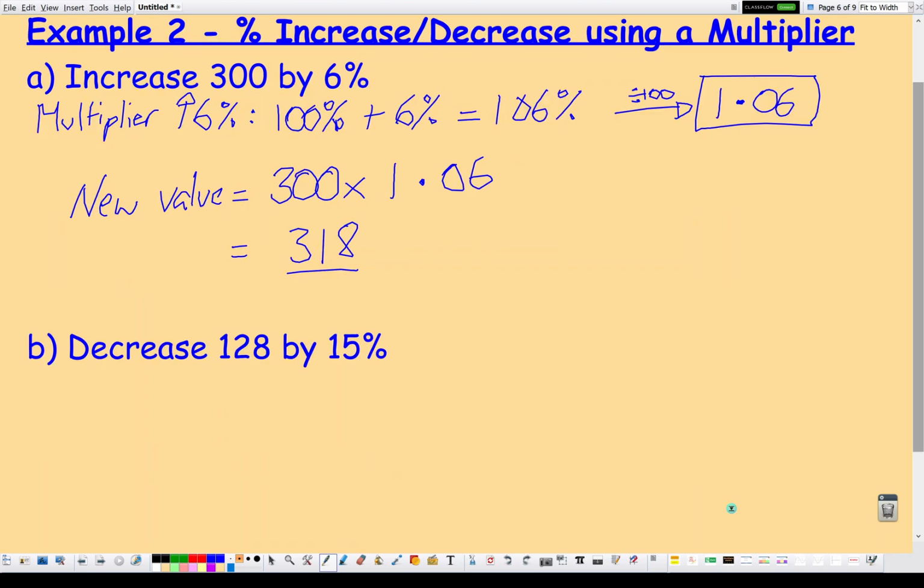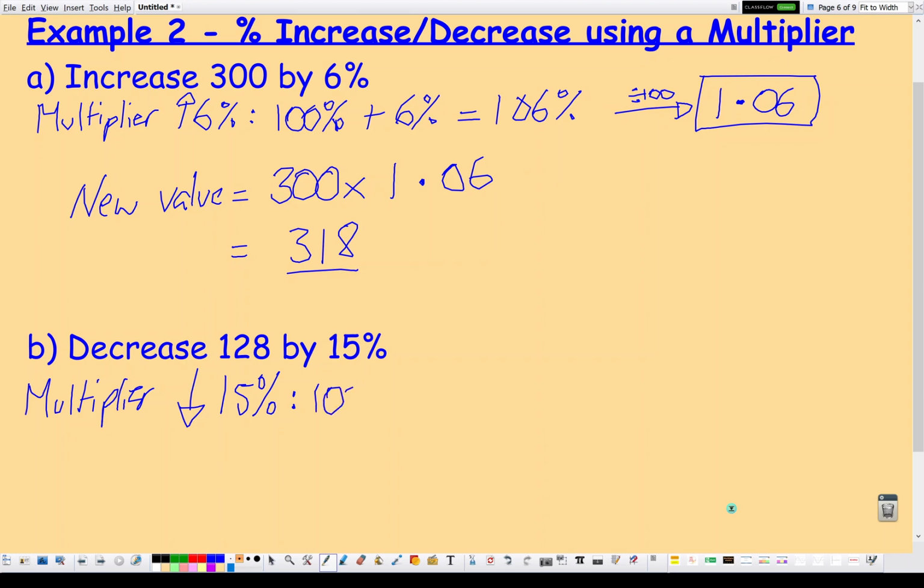Okay, we'll do the decrease now. So decrease 128 by 15%. So again, figure out the multiplier, this time for a decrease by 15%. We haven't done one of these yet, so please write this out in full for me just now. If you can do it in your own working quicker, that's fine, but just now write this out in full.